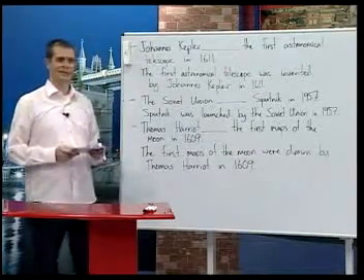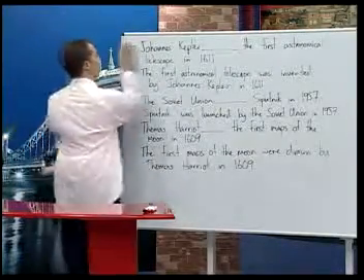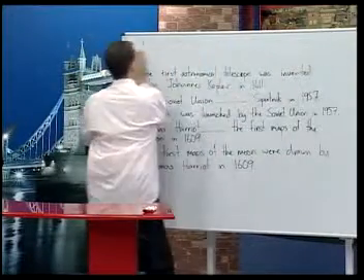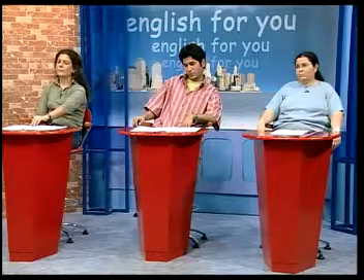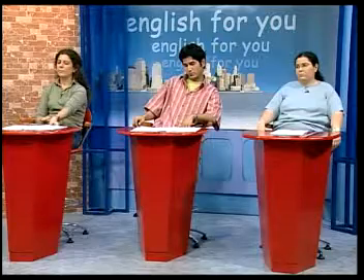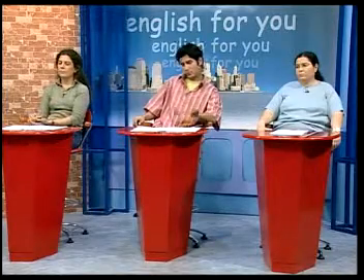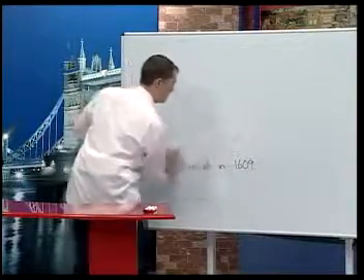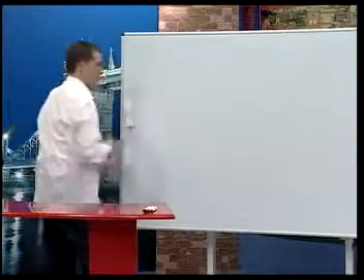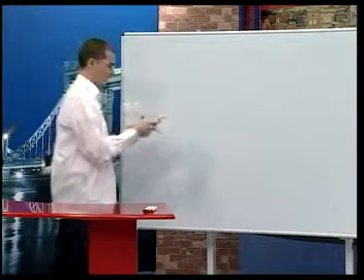Let's do another exercise, and we'll try something new this time. This time, I'll write a sentence, and there'll be a mistake in the sentence, and you have to find the mistake and then correct it. Rosa, you can do the first one.